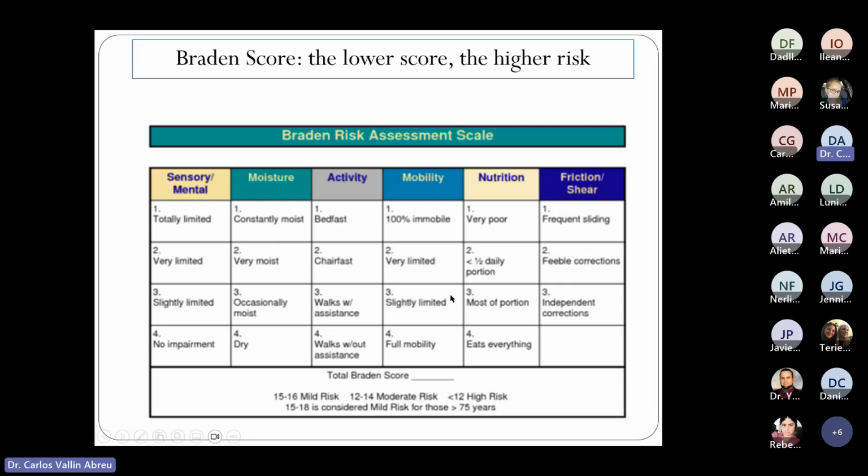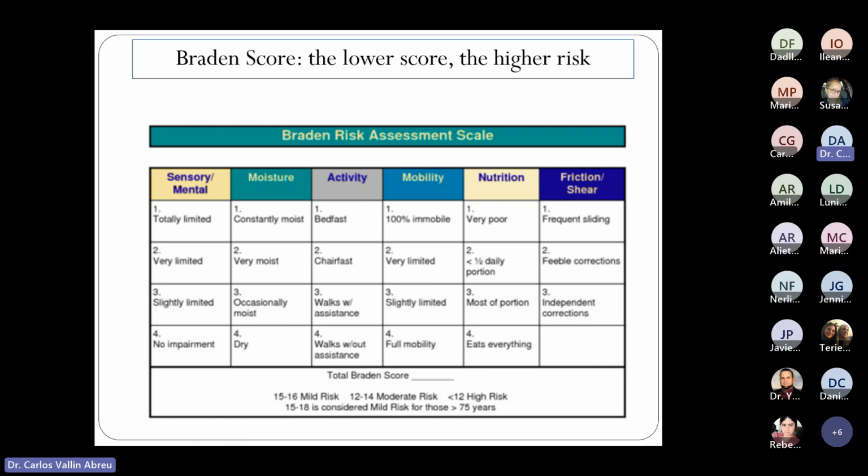What is interesting in the Braden scale is that the score is inversely proportional to the risk. So the lower the score, the higher the risk. Any score less than 12 is a high risk.